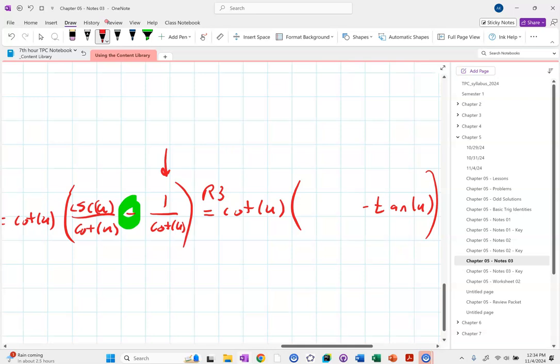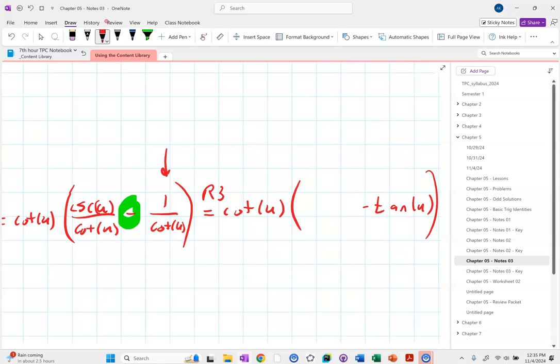So I got that piece nailed down now. Do I have an identity that's going to change cosecant over cotangent directly into secant? No. Do I have an identity that changes cosecant into something with a secant in it?